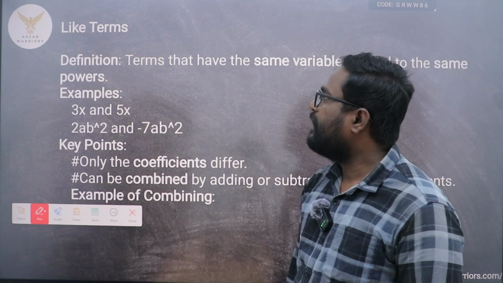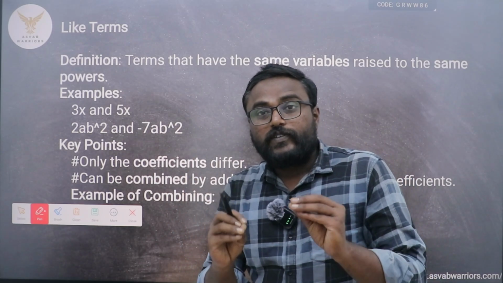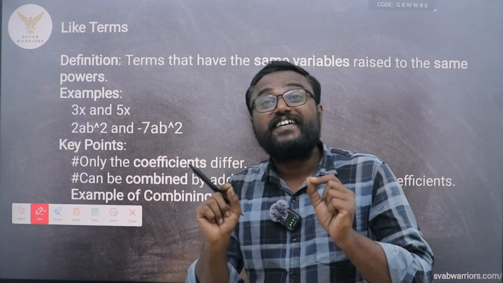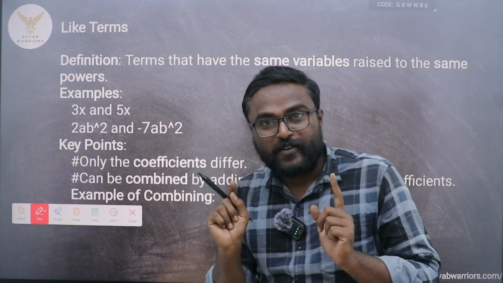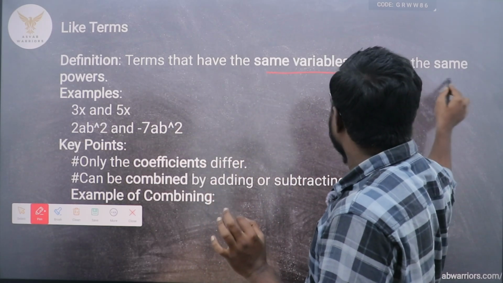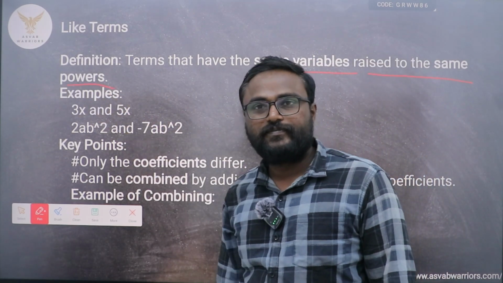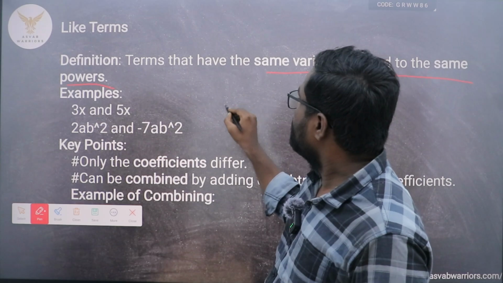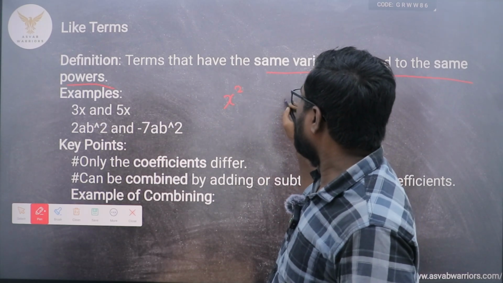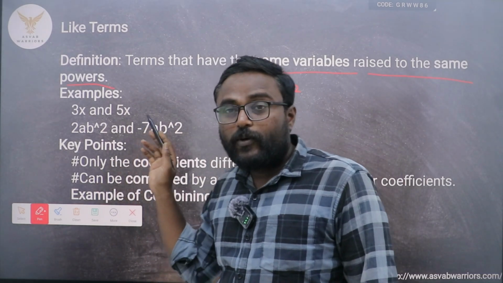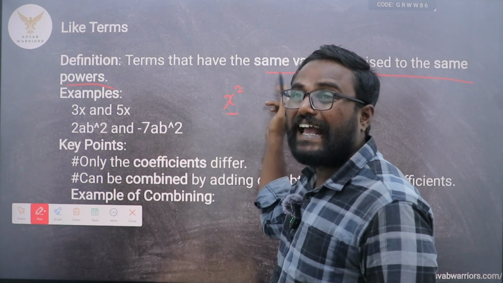Like terms are terms that have the same variable raised to the same power. What do I mean by that? Let's say x square and x square, these are like terms because they have the same variables and the same power.